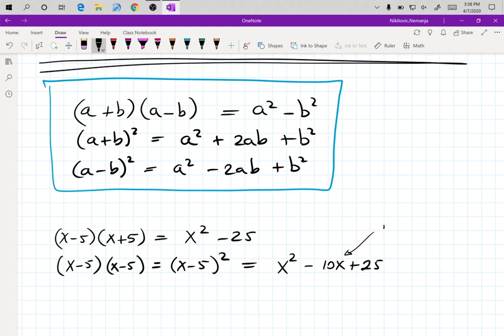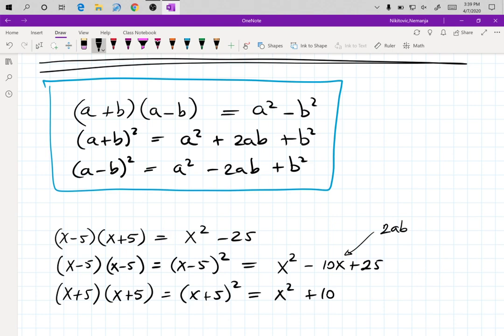Remember, this term was that 2ab term, right? So your 2 times 5 times x, right? 2 times 5 is 10. And finally, we have x plus 5, x plus 5, which is x plus 5 squared, which is the same problem with the plus in the middle.